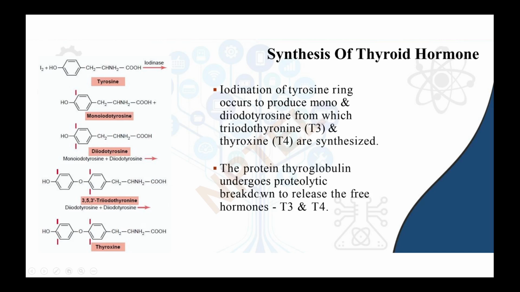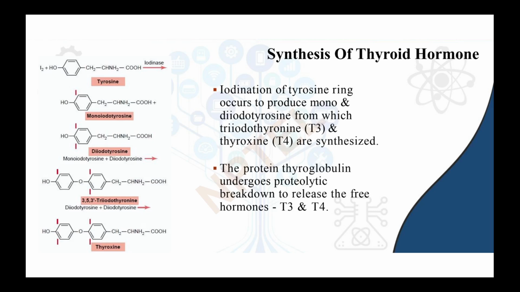So the tyrosine molecules present in thyroglobulin are iodinated first to form the monoiodotyrosine and diiodotyrosine. Then, depending on whether these two are combining or two molecules of diiodotyrosine are combining, we get T3 and T4. So thyroglobulin will have different T3 and T4 attached to it.